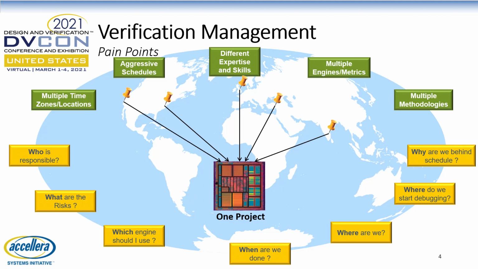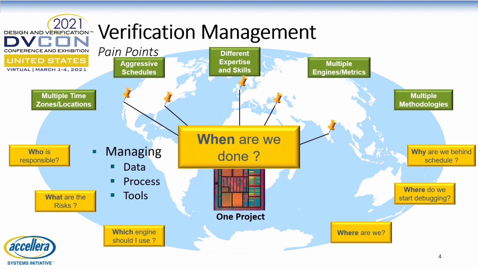And of course, we're all working under aggressive schedules too. So we're faced with the prospect of having to manage the data, the processes, and the tools we'll be using to be able to take all of this in and be able to automate our regressions, triage problems, and merge results from all over the globe in order to answer the most important question, when are we done?